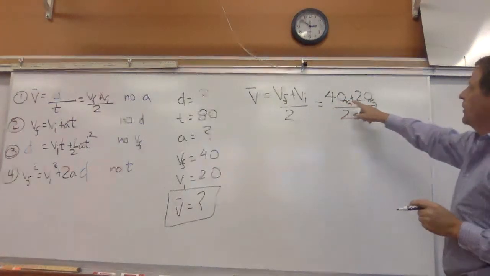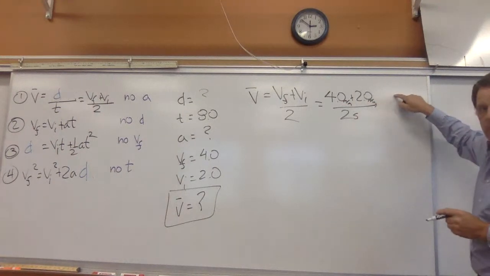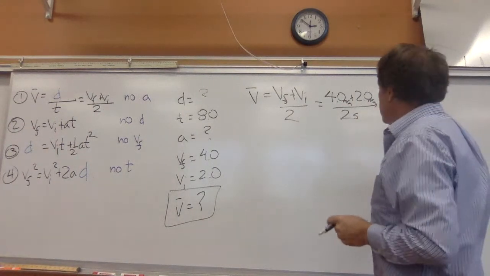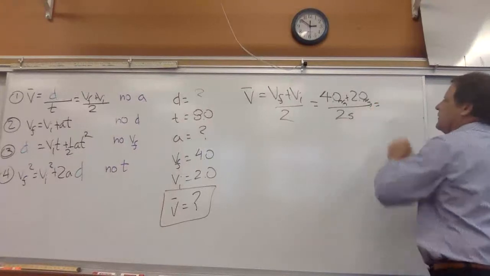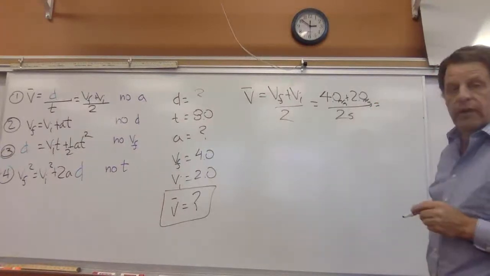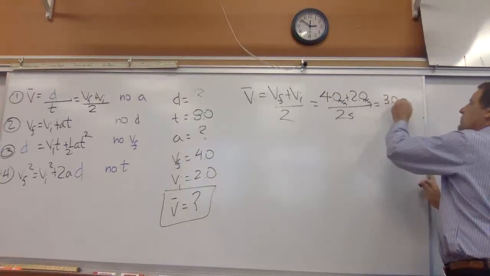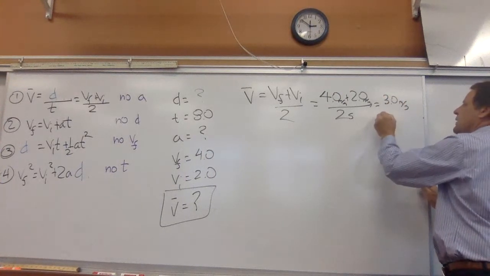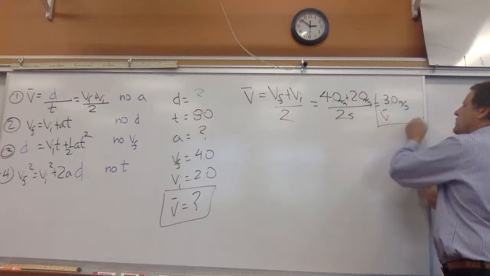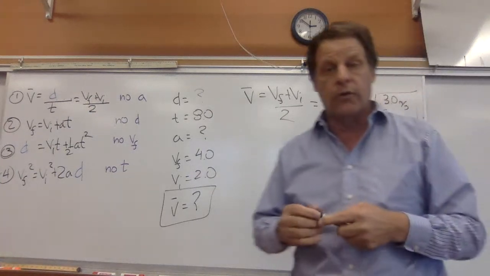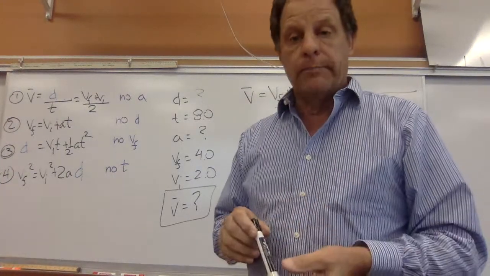So we're going to have 4 plus 2 is 6, divided by 2, and 6 divided by 2 is going to give us 3. So 3.0 meters per second is equal to our average velocity. Okay, so that is the first part of number 1.